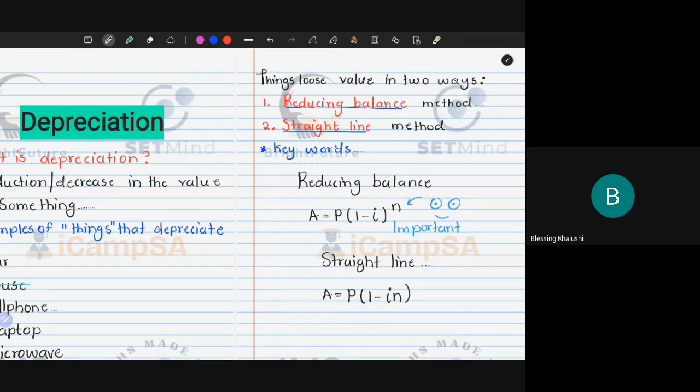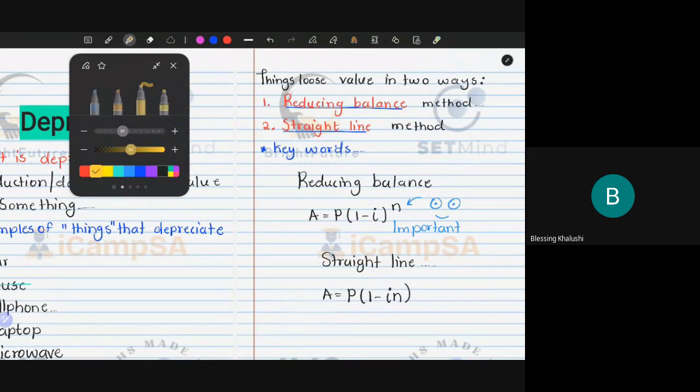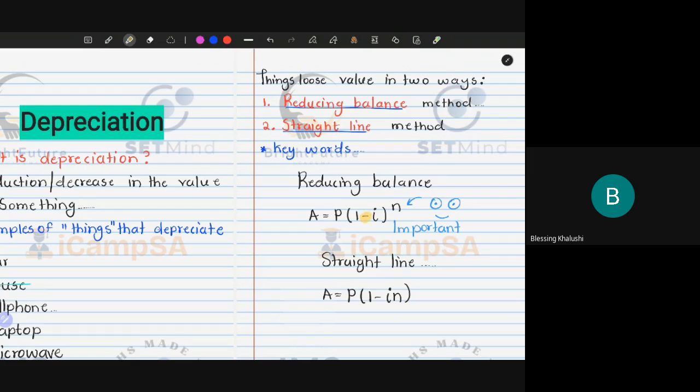If you look carefully, this looks like compound and simple interest. The most important thing is the minus. That minus tells us that we are not gaining, we are losing now. We are going down. Do you guys understand that? Give me a thumbs up if you do. If you don't, please ask.